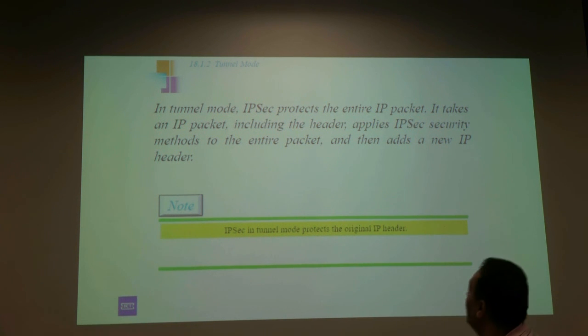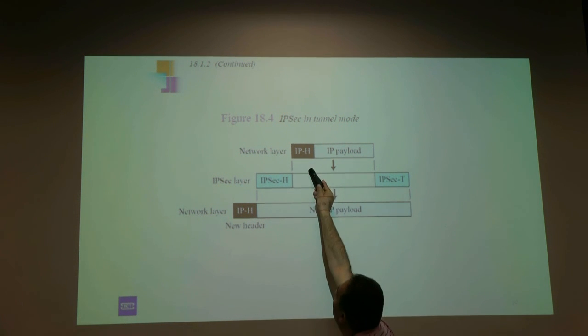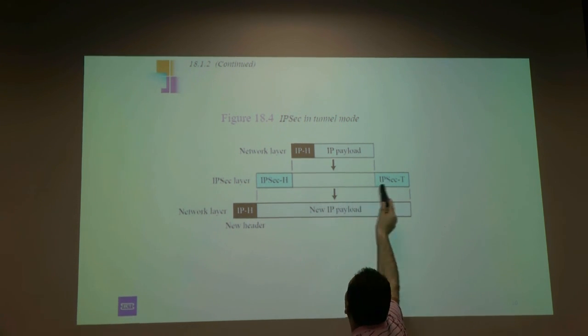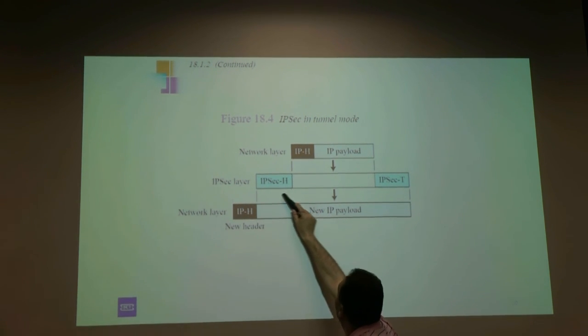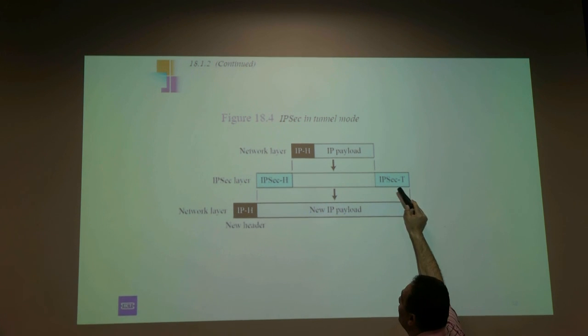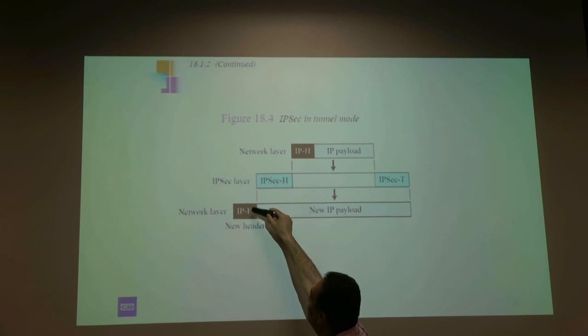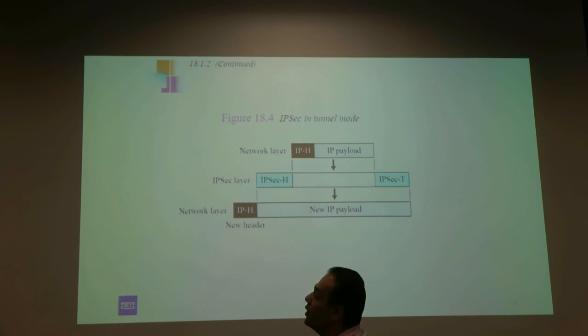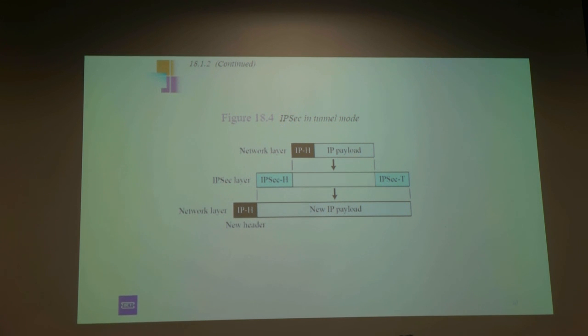So if you need to take a look in here, what will happen? You have the IP payload and you have the IP header. You move it in here with the IPsec trailer and the header. Everything in here will be encrypted. But to be able to have your way, you create another IP header in here, which is not encrypted.